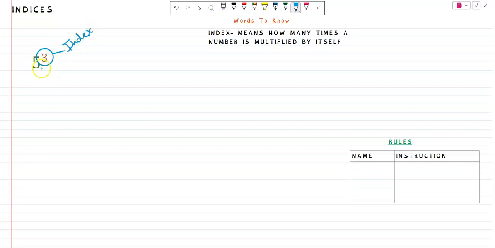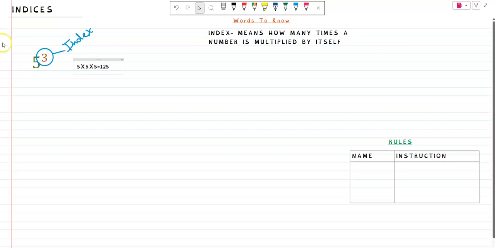This number says that 5 is multiplied by itself 3 times, which means we can write it in a long version of 5 multiplied by 5 multiplied by 5. So 5 times 5 equals 25, and 25 times 5 gives us 125.